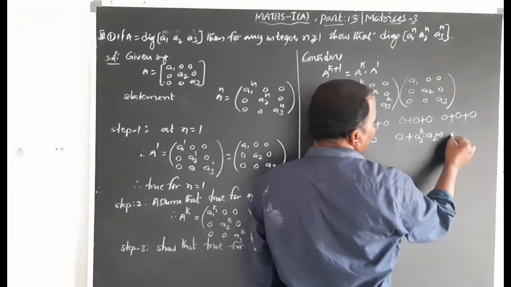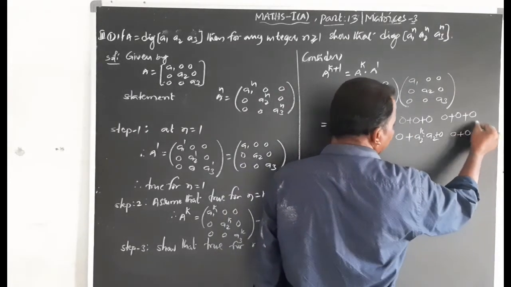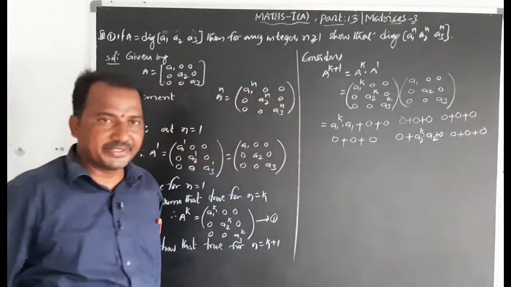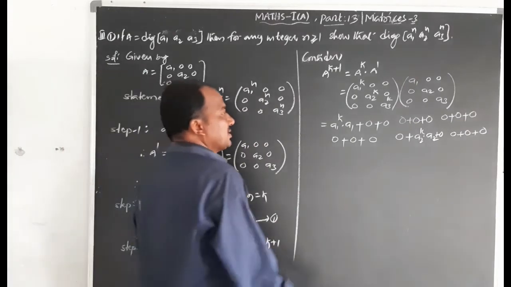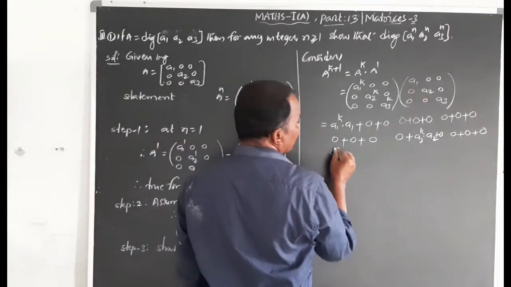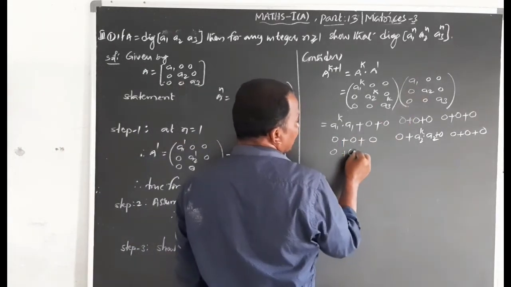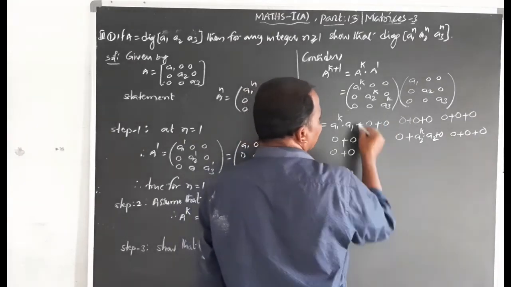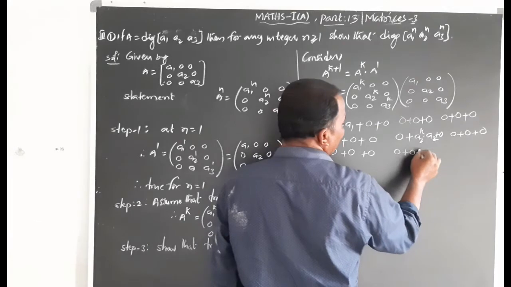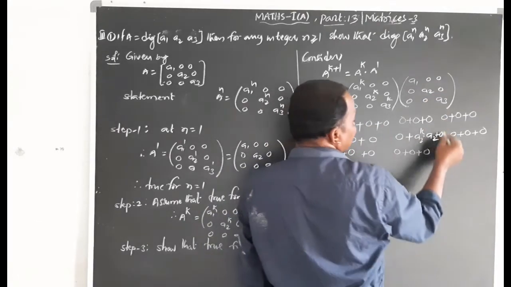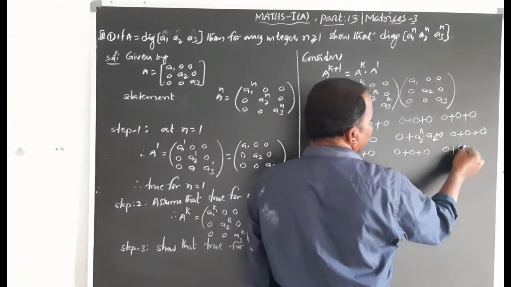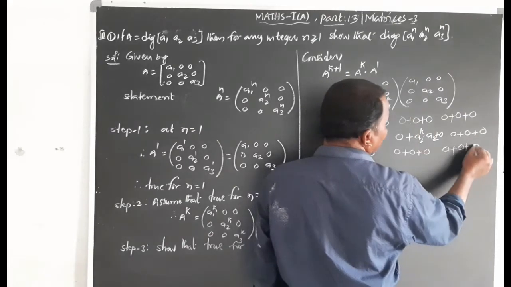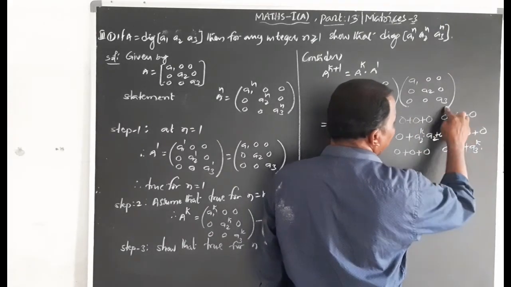Second row, third column: 0 plus 0 plus 0. Third row, first column: 0 plus 0 plus 0. Third row, third column: 0 plus 0 plus A3 power k into A3.